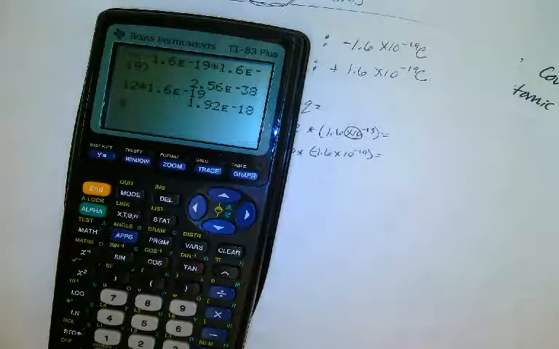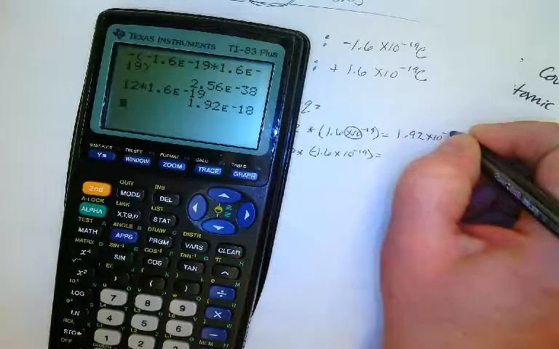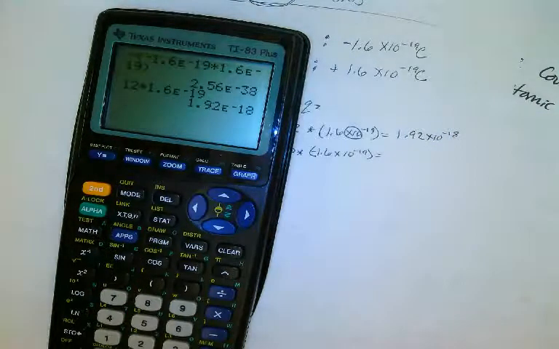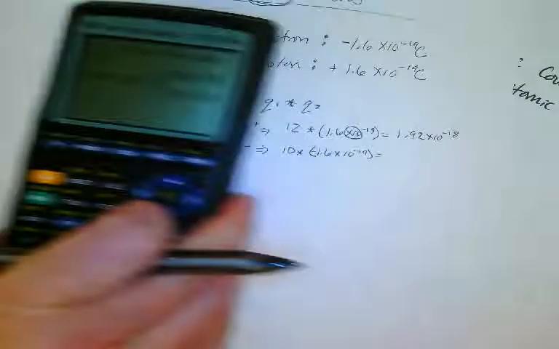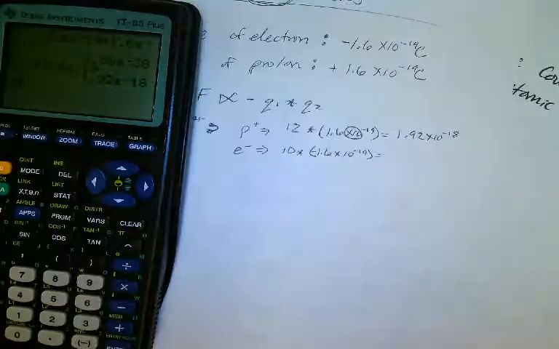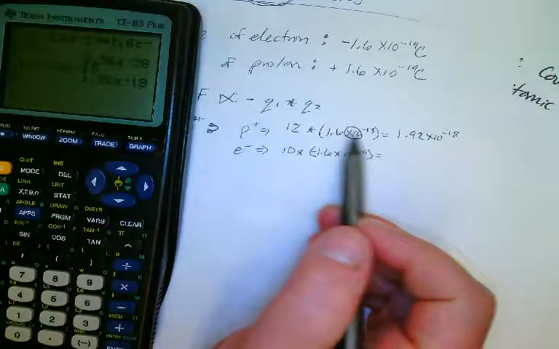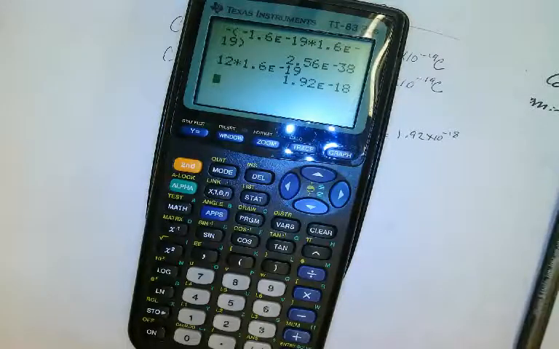If you wanted to do it all in one big hit, you could. You don't have to put parentheses in because you're using that EE key. Okay?